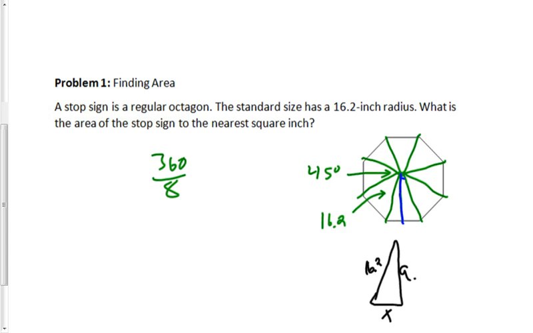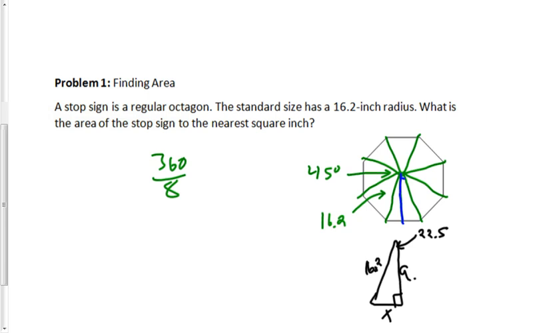We know this angle right here is whatever 45 divided by 2 is, so it's going to be 22.5 degrees. We know this is a right triangle. With right triangles, we can use a number of things. I'm going to use the trig ratios.